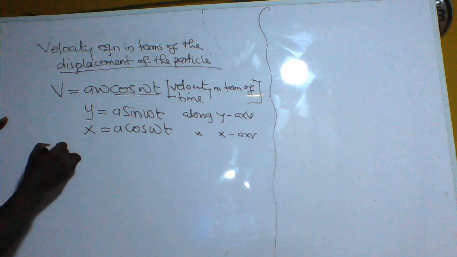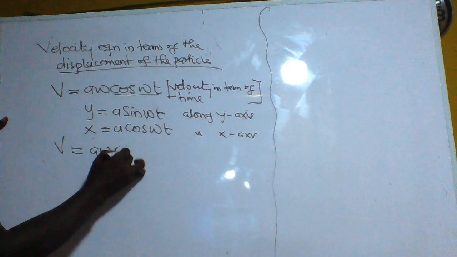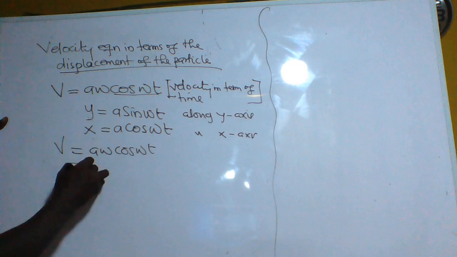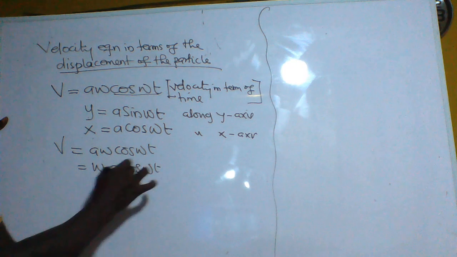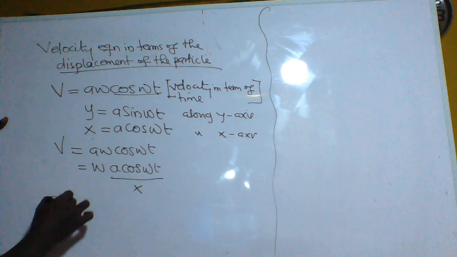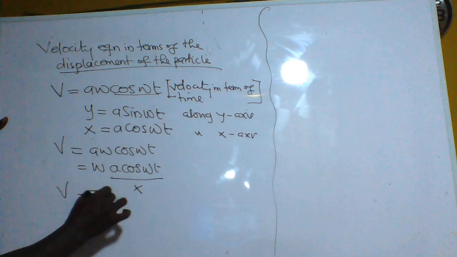As it stands, since v is equal to A omega cos omega t, we can realign this to be omega A cos omega t, and since A cos omega t is equal to x, we can say that the velocity is equal to omega x.